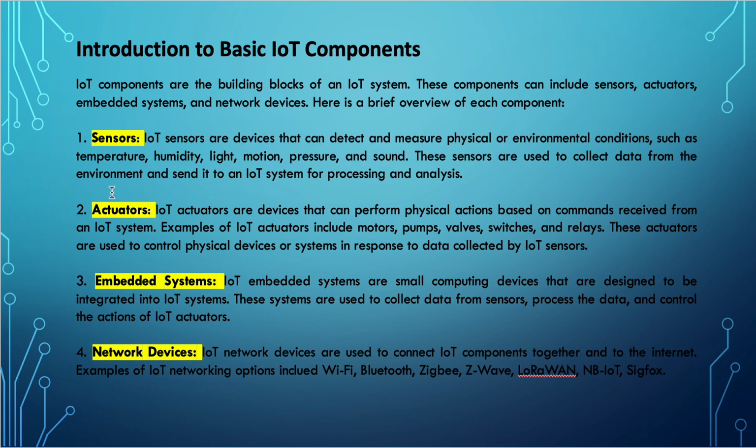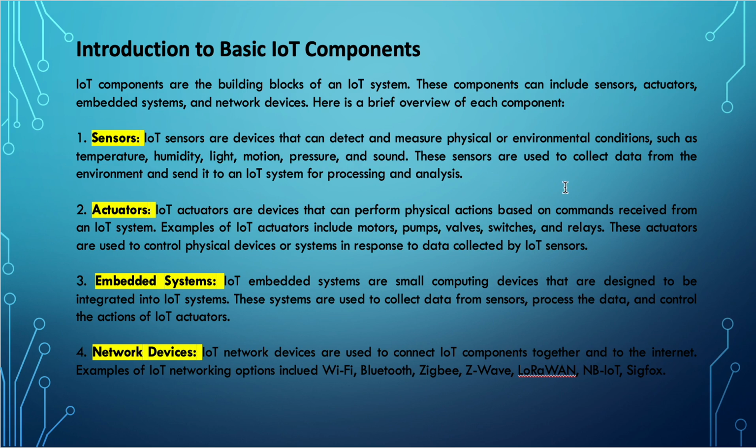Number one is sensors. IoT sensors are devices that can detect and measure physical or environmental conditions such as temperature, humidity, light, motion, pressure, and sound. We talked about examples above, which give good examples of some of these sensors.